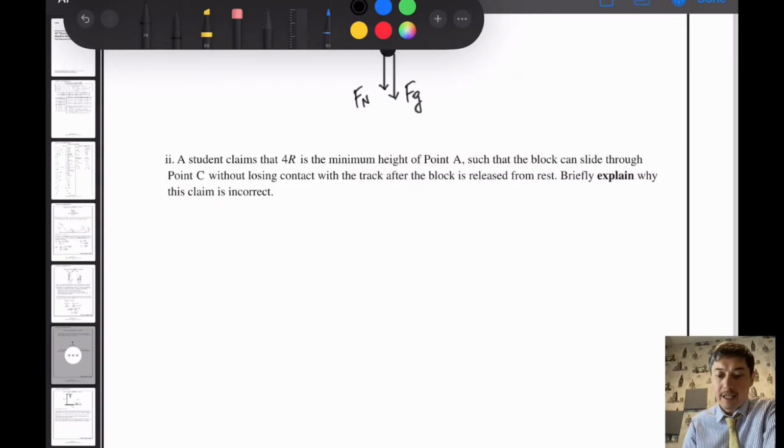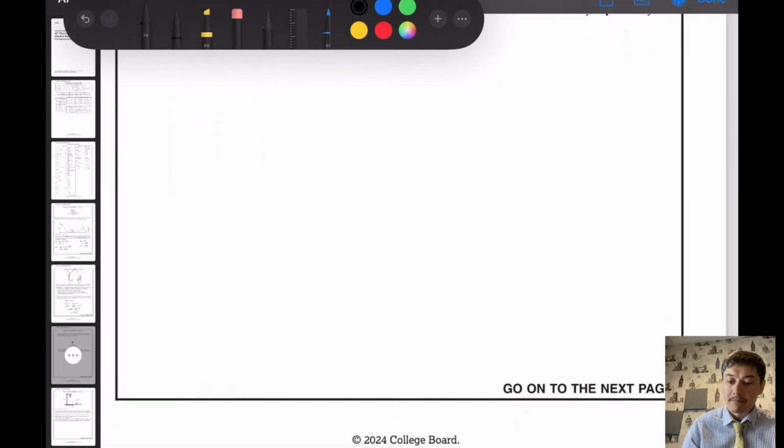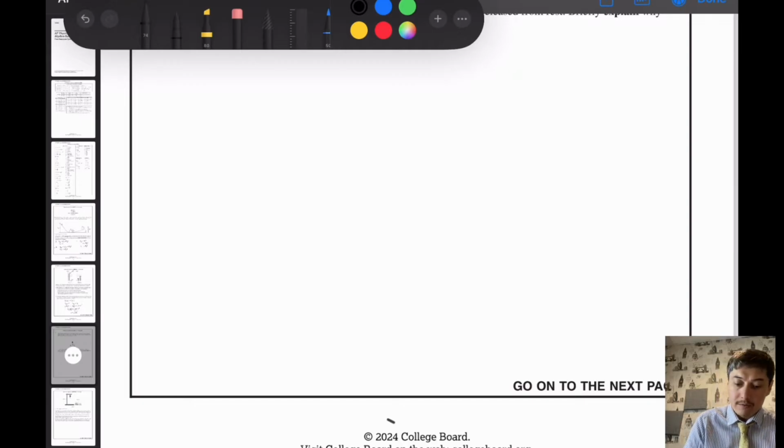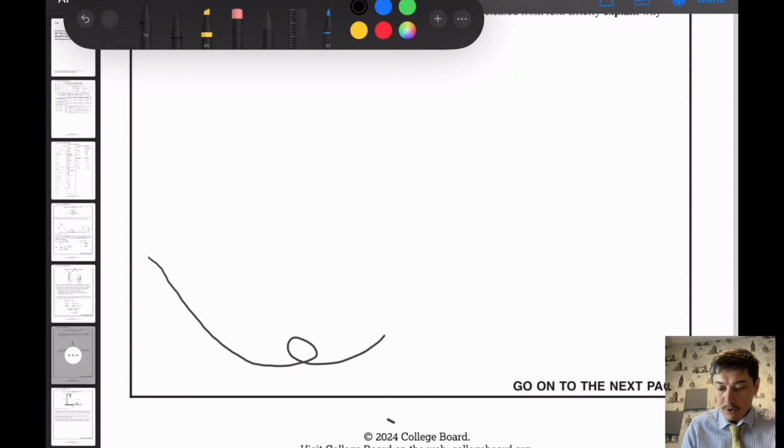A student claims that 4r is the minimum height of point A, such that the block can slide through point C without losing contact with the track after the block is released from rest. Briefly explain why this claim is incorrect. Good. Now let me try to draw one more time the situation.